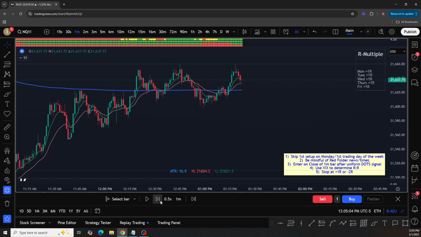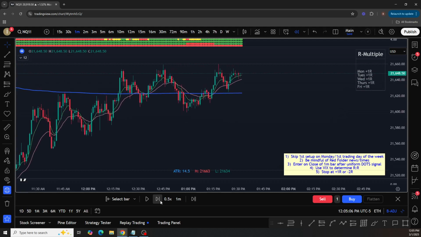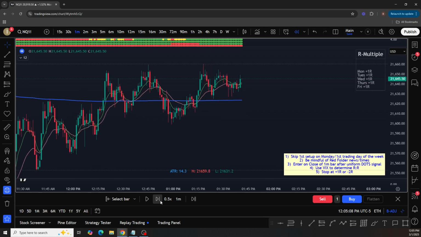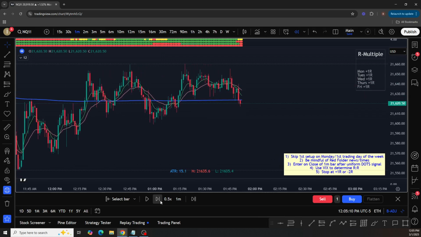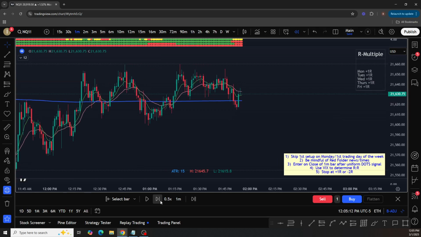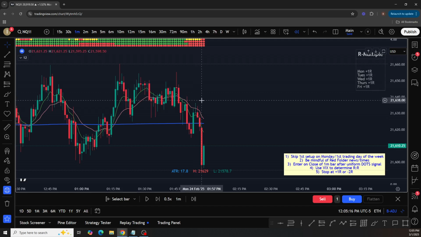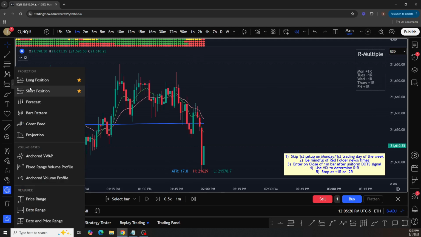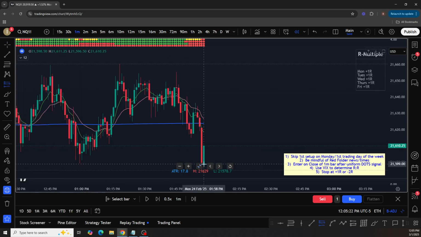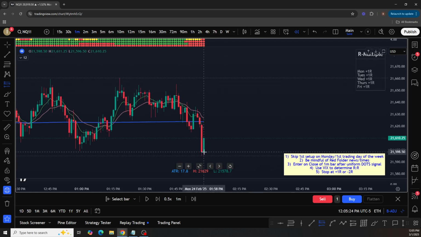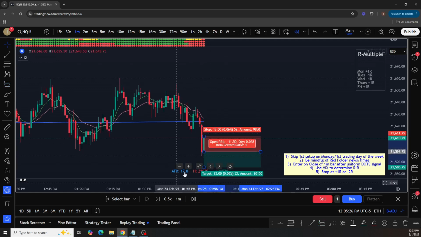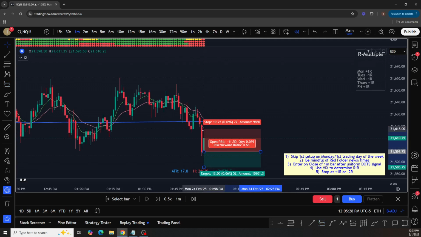So here we go, 1:30 comes around. Dots remain mixed. And here you go. Yeah, this might be a stop out, which is good. So you're shorting. Yeah, this will probably be a stop out.